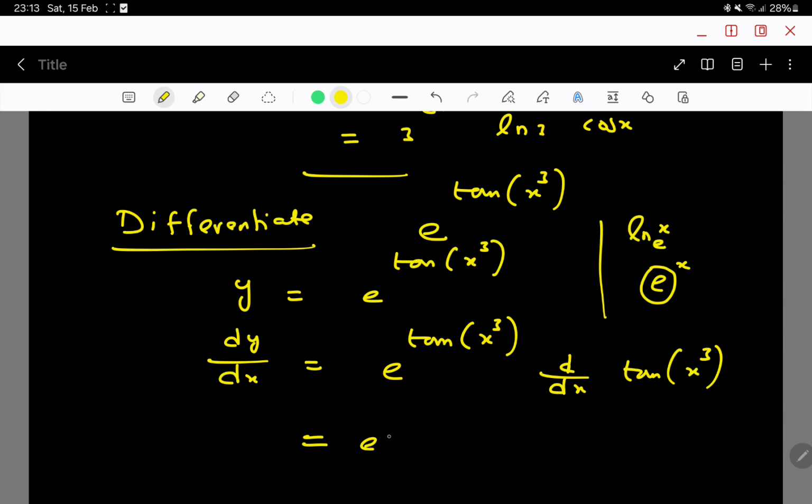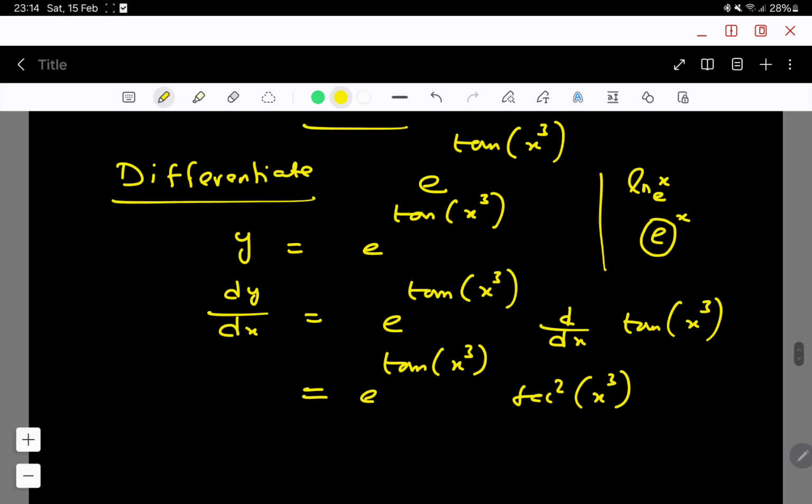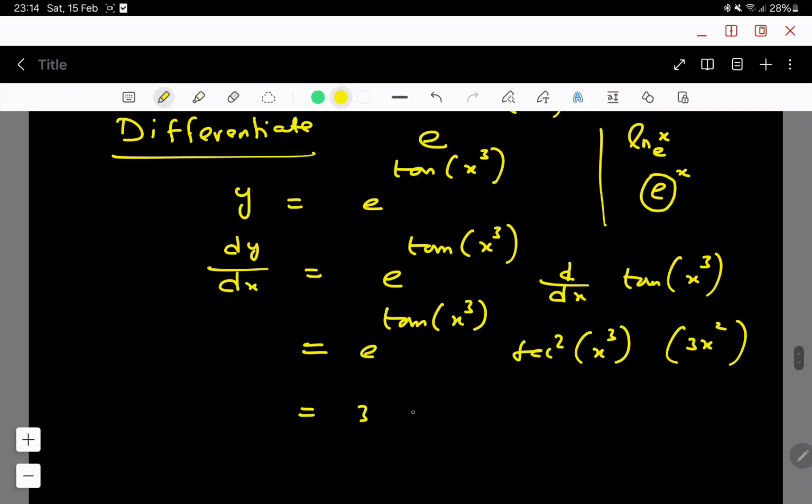Don't forget to differentiate x cube again. 3x square. If it is x power 5, we write 5x power 4. Write 3 x square. So e power tan x cube into secant square x cube. That's all.